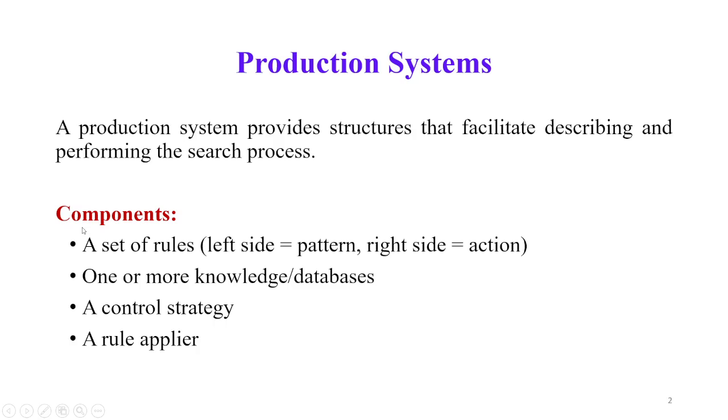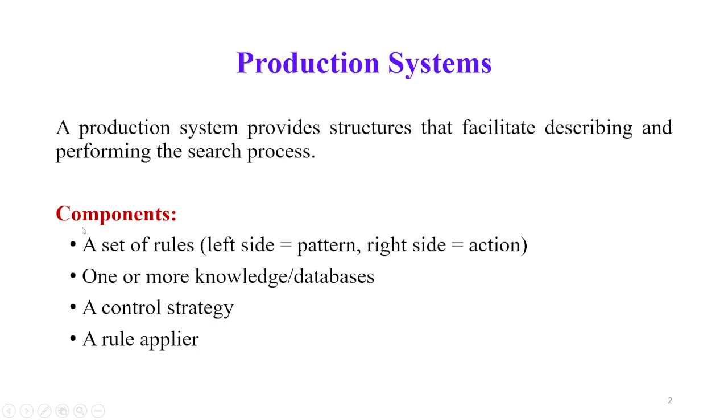It's like an if-then rule. If the condition is satisfied, then take the particular action. These rules are the heart of the system. They encode the knowledge and logic we want to use.